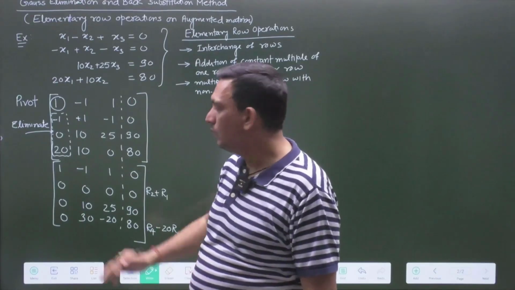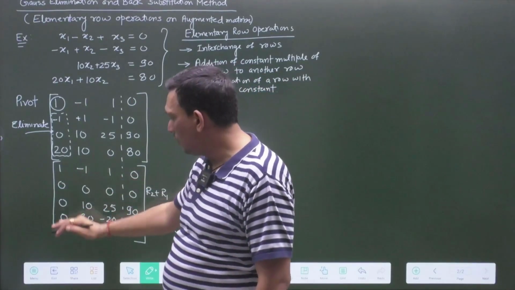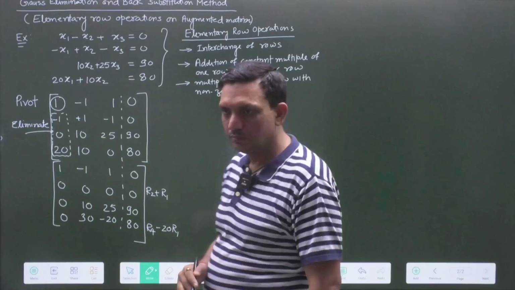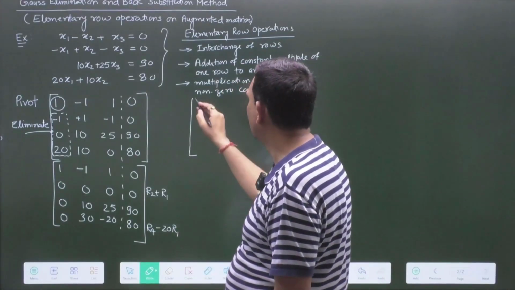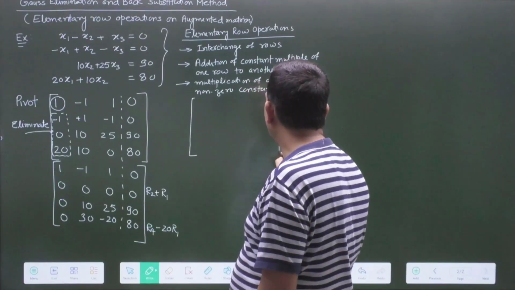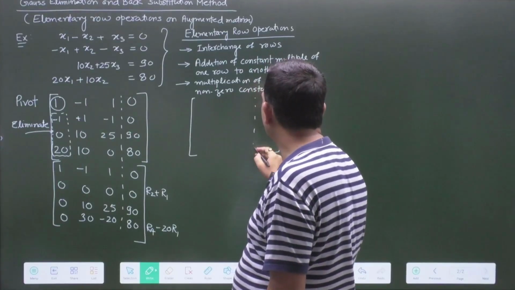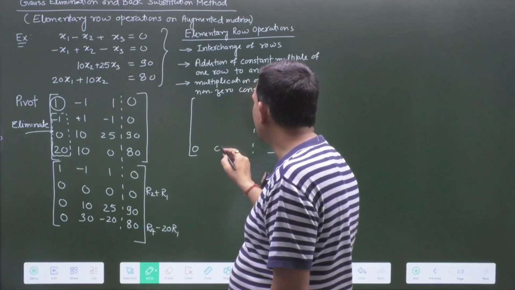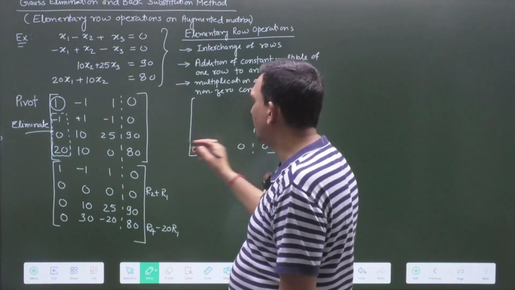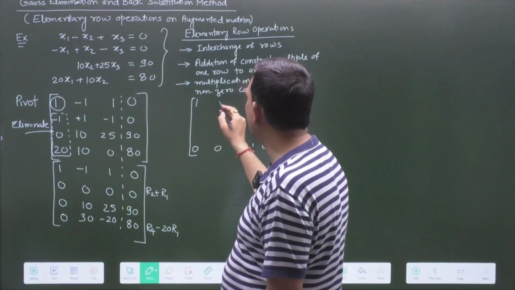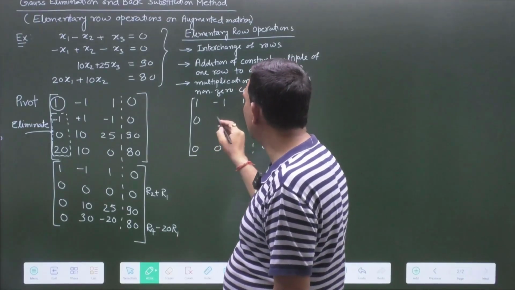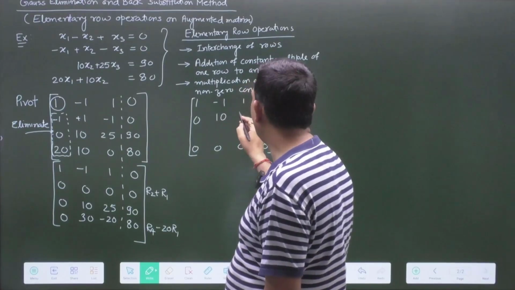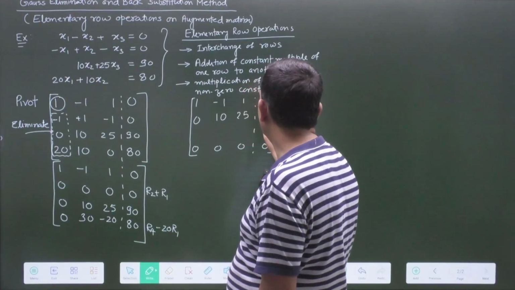So what we will do, let's write this particular row as the last row. So the next step: this will remain first, so 1, minus 1, 1, 0. Then this is 0, 10, 25, 90.